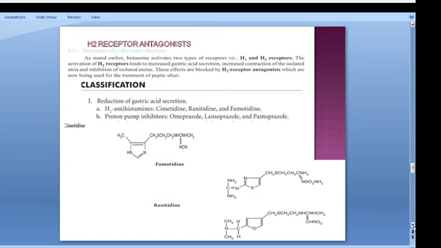Now first we can see the H2 antagonists like cimetidine, ranitidine, and famotidine.